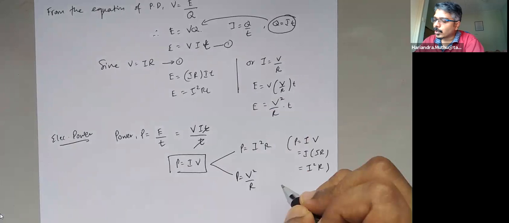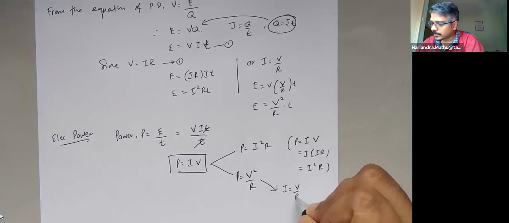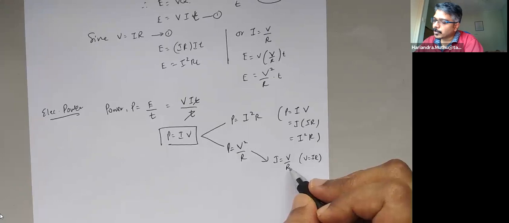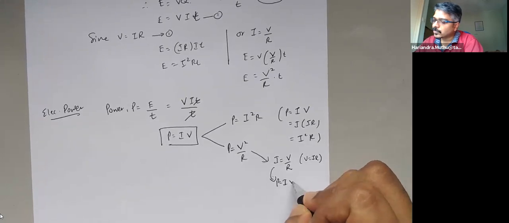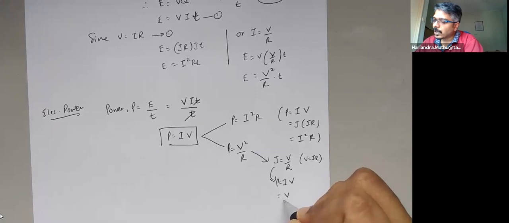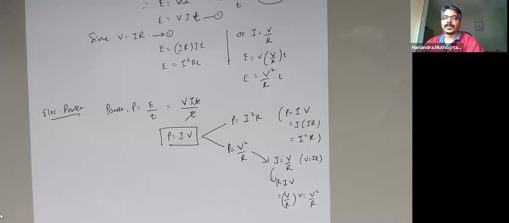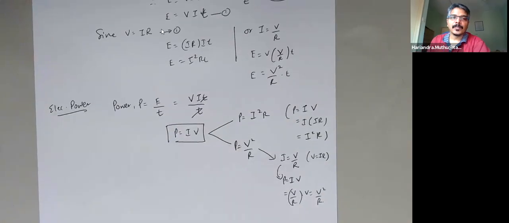So how do we get this equation? I equals V over R, right? From the equation V equals IR. And then we substitute into P equals IV. So we have V over R times V. So we have V squared over R. Okay, so this is another equation for electrical power.